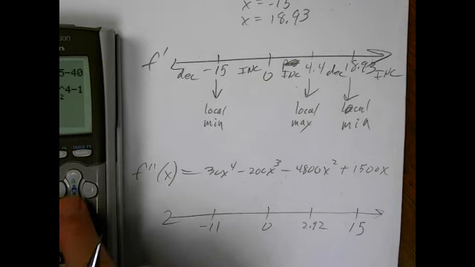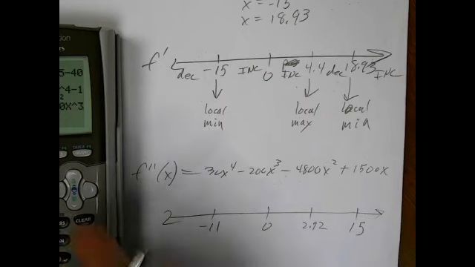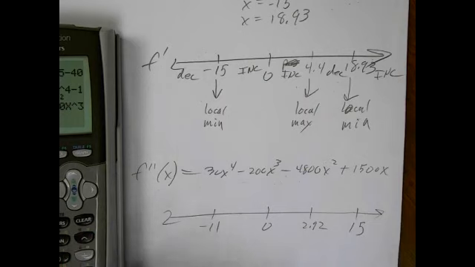Turn off the first derivative and enter in the second. 30x to the power 4 minus 200x to the power 3 minus 4800x to the power 2 plus 15,000x.